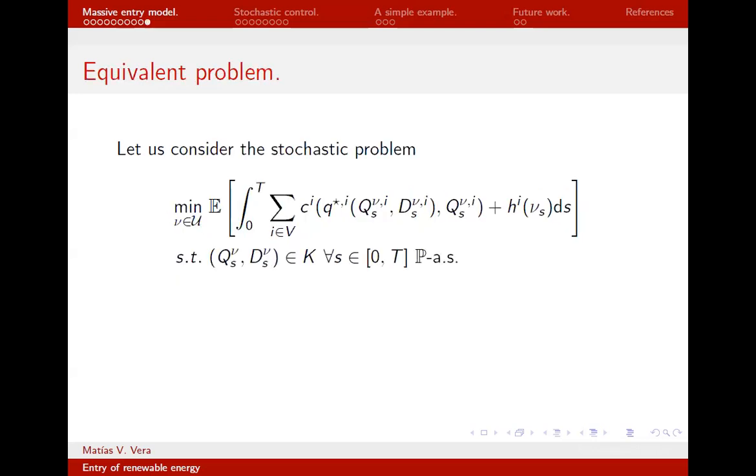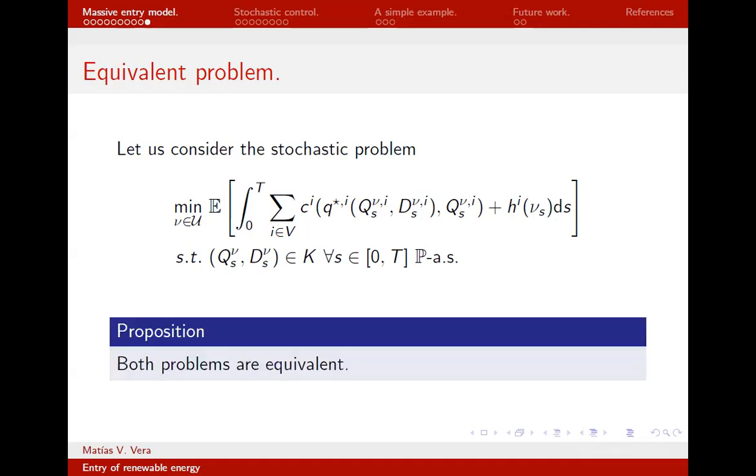But once we have this function, we can consider the problem of maintaining the process feasible for all s, P almost surely, and just thinking of the optimal production. So this problem actually is equivalent to the first one.